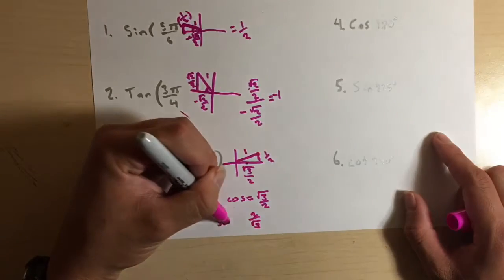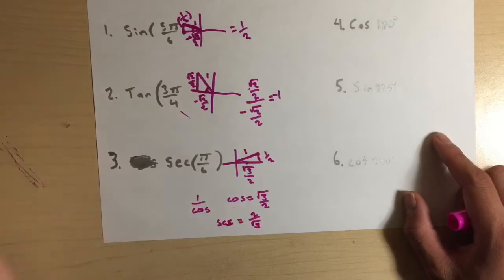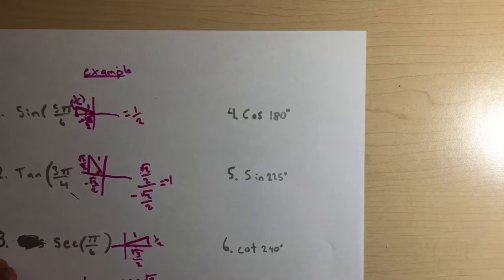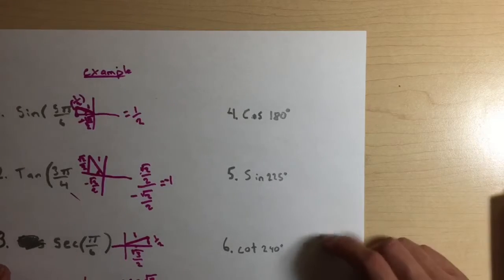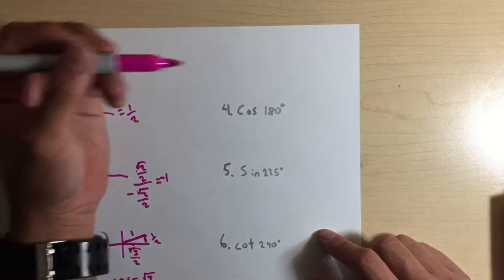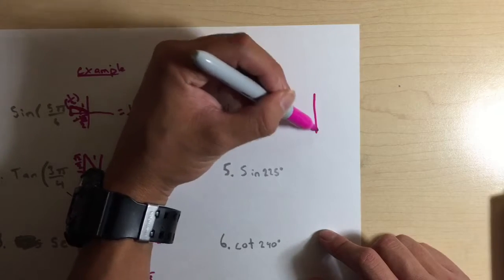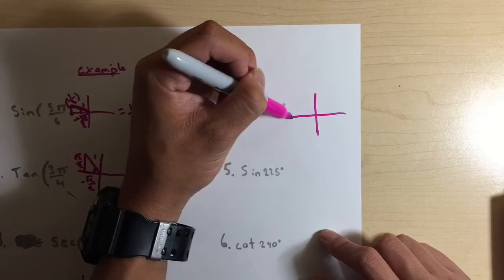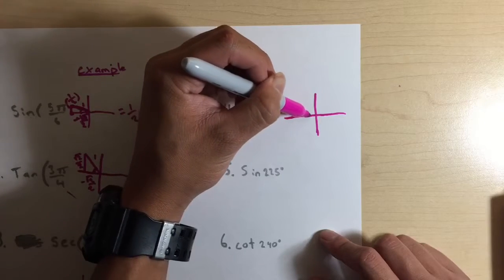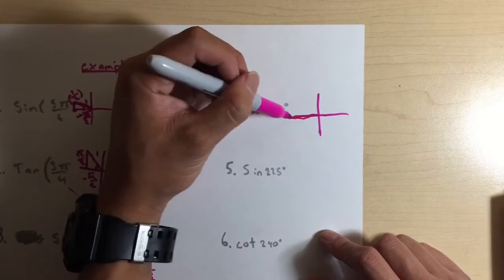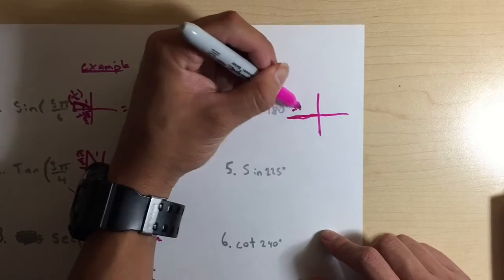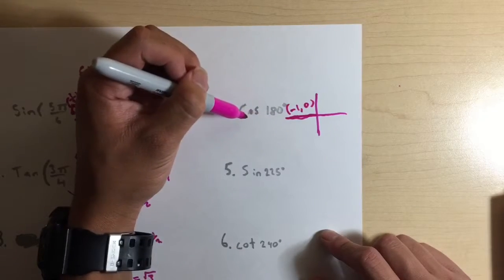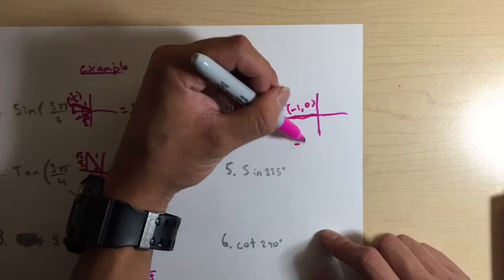So secant equals 2 over rad 3. Alright, for the next one, we're doing the same thing except we're trying to find the angle in degrees. So 180 degrees would be right here. So therefore cosine, the point for 180 degrees is -1, 0. Therefore cosine of 180 would be -1.